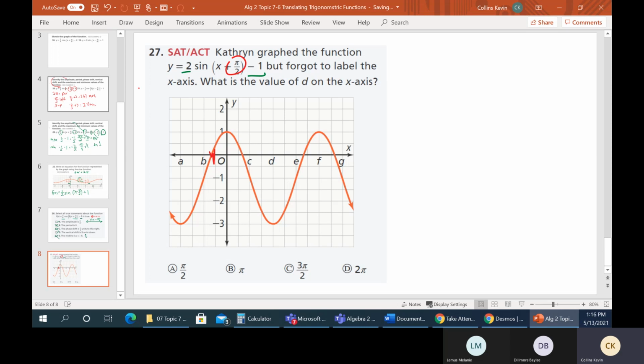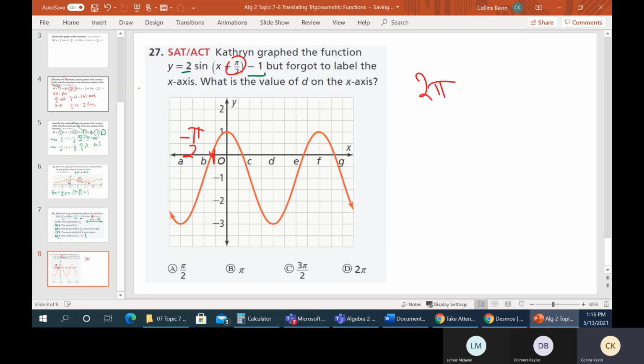Okay? All right, so if he is negative pi over 2, right? Should be negative pi over 2. All right. And we don't have a number here, so that means that our value for the period is 2 pi, right?